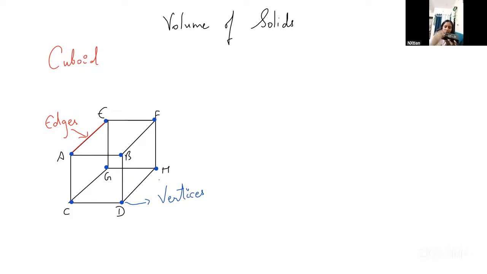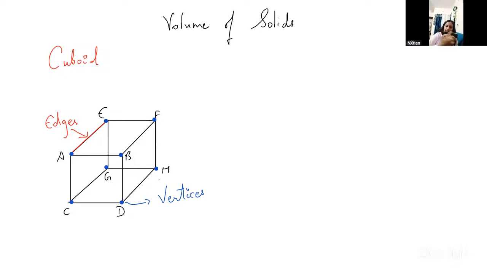Face, edge, vertices. So how many vertices? One, two, three, four, and on the bottom also one, two, three, and four. Corners are eight.